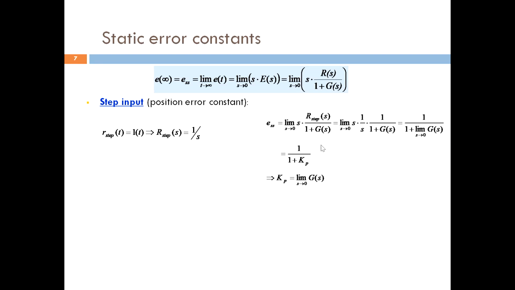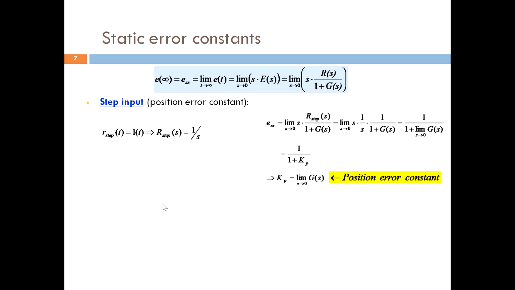Okay, so then we can express this steady state error expression as 1 over 1 plus kp, where we say kp is representing that expression, which is the limit as s approaches 0 of g of s, and that is what we refer to as the position error constant. So the position error constant is always related to the step input.